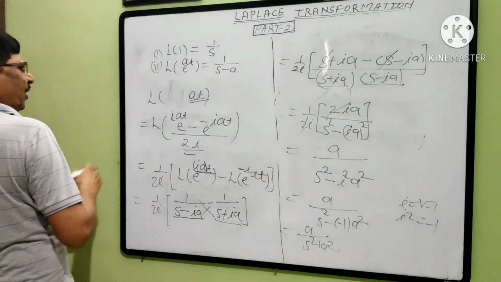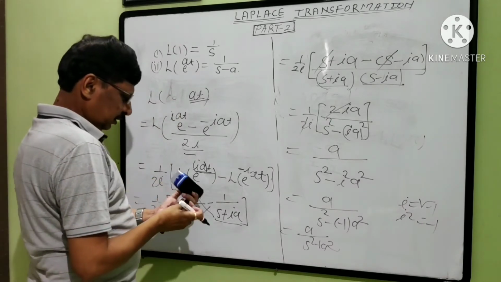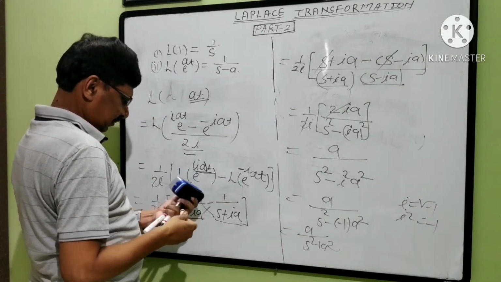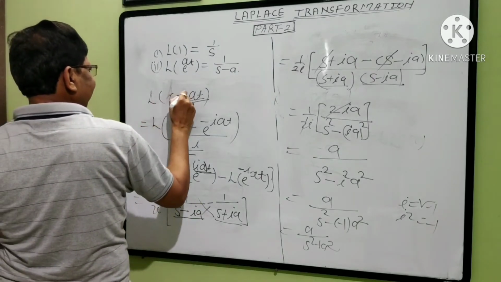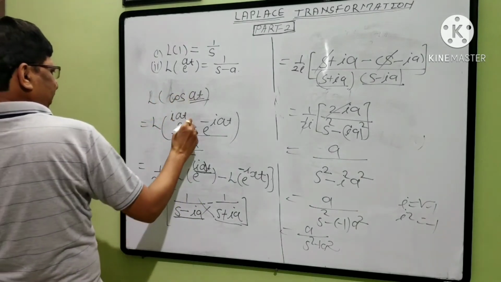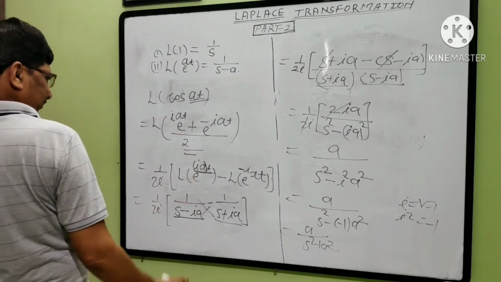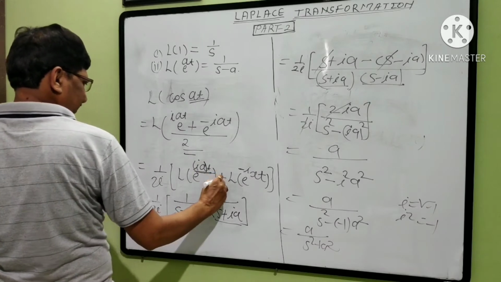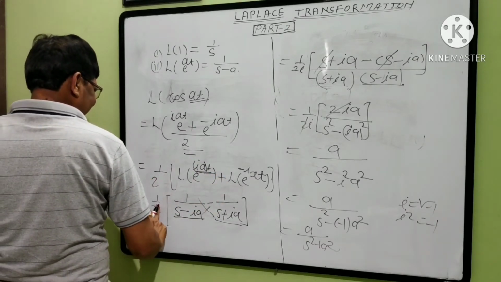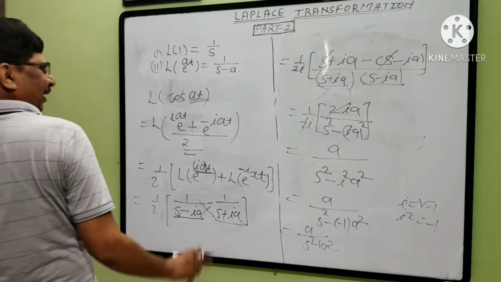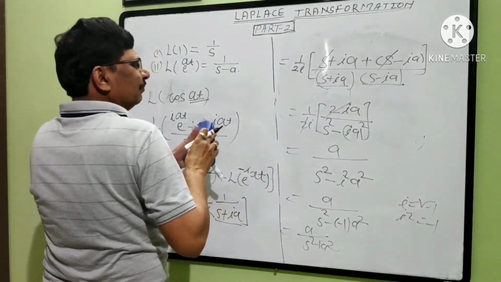Now suppose you want to find the Laplace transformation of cos. Now it will be plus, I will not be there. This is plus, I is not there. Same, that's why I will not write. Instead of minus, it will be plus.